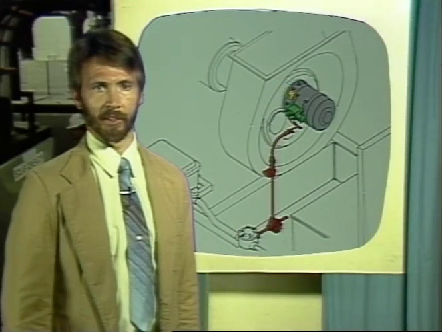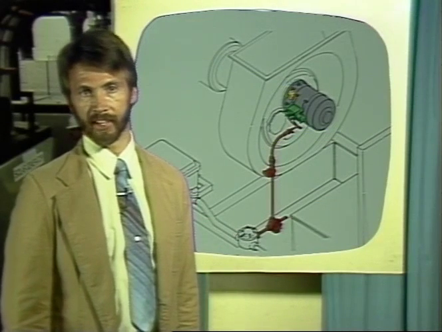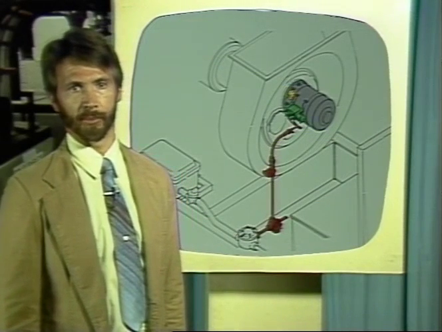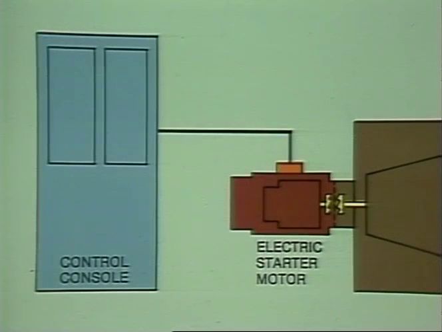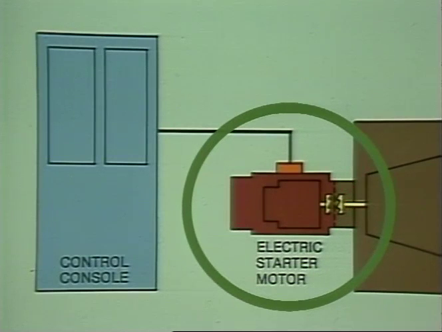Let's now take a moment to discuss how these components work together to assist the turbine engine to reach 60% speed. The starter motor assembly receives its energizing command signal from the start relays located inside the control console.